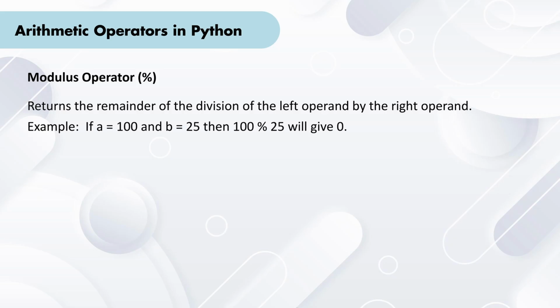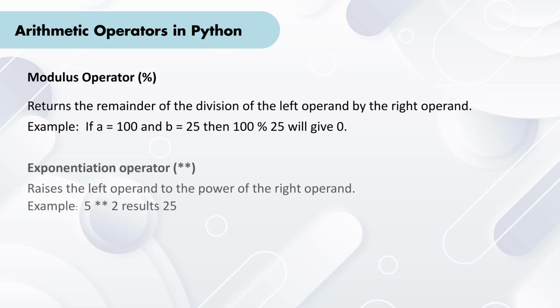For example, if we take a as 100 and b as 25, the result of a % b, that is 100 % 25, will be 0. Now the exponentiation operator. This operator raises the left operand to the power of the right operand and it is denoted by a double star. These operators help us to perform numeric calculations efficiently.